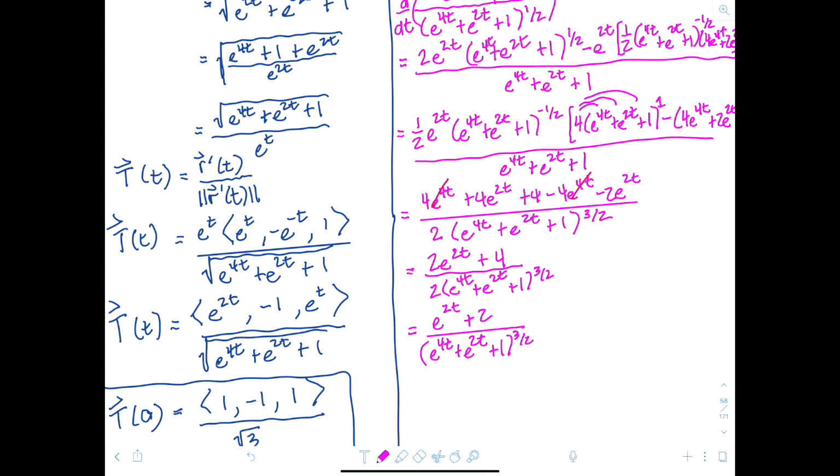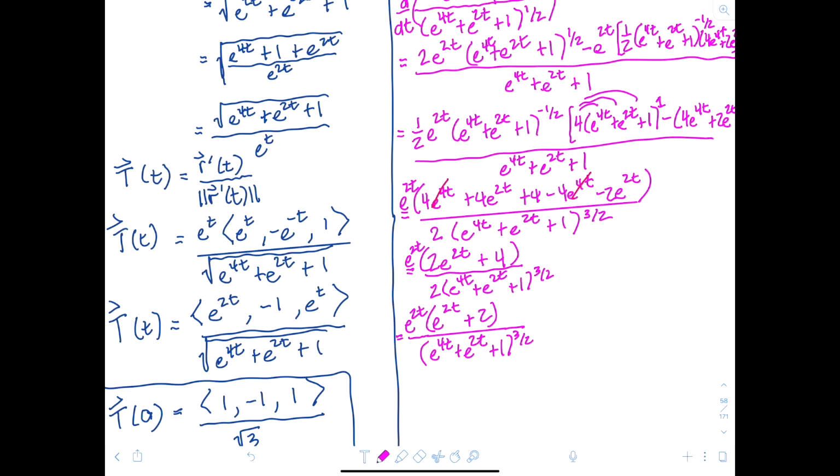Cool so far? Oh, and I lost my e to the 2t, my bad. So that would be here. We'd have an e to the 2t, and then we'd have an e to the 2t here. Cool, cool? And that's the first component.